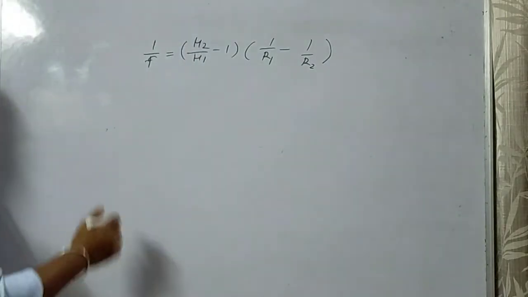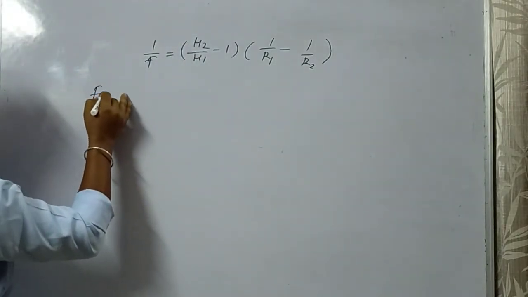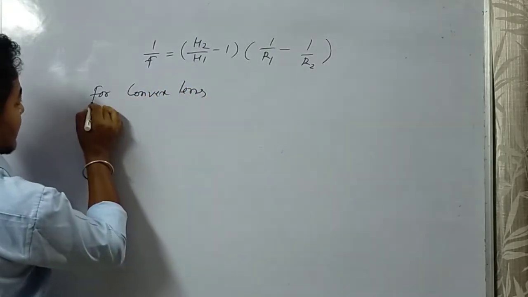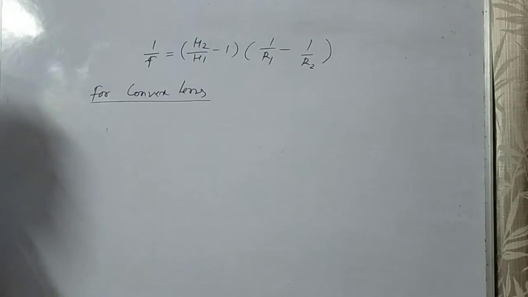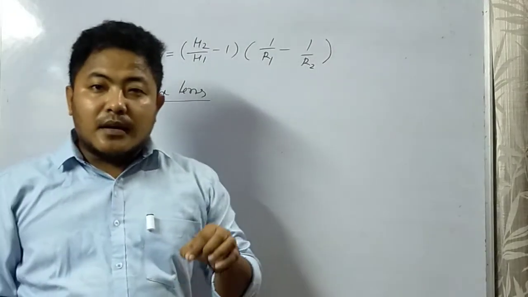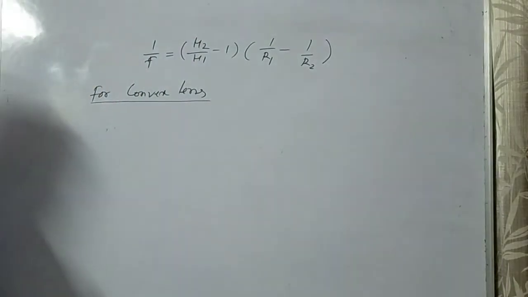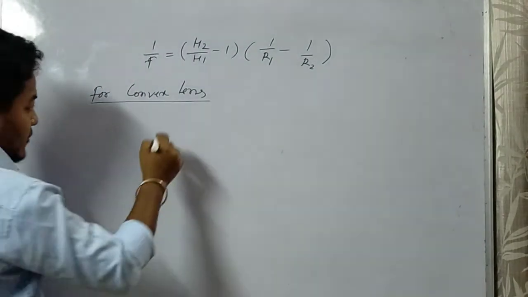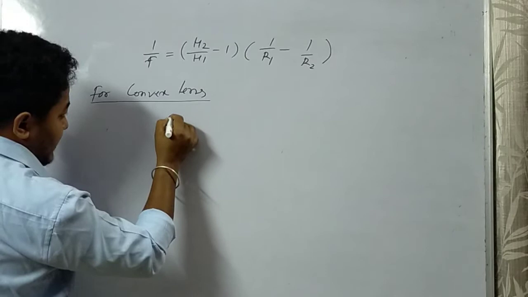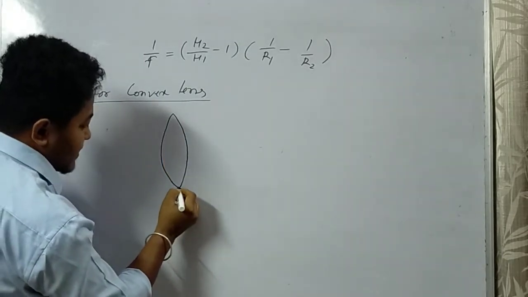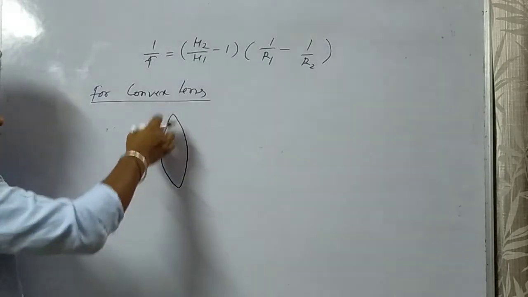Now, as you know, for a convex lens, the power of the lens will be positive. Suppose I am taking a convex lens over here. That means it will have two surfaces.